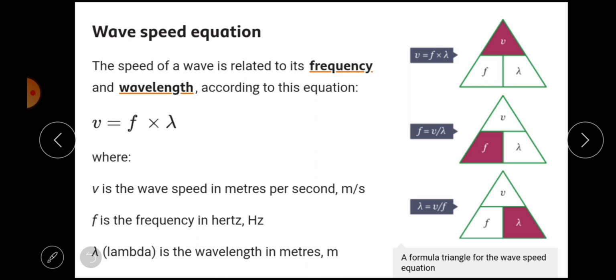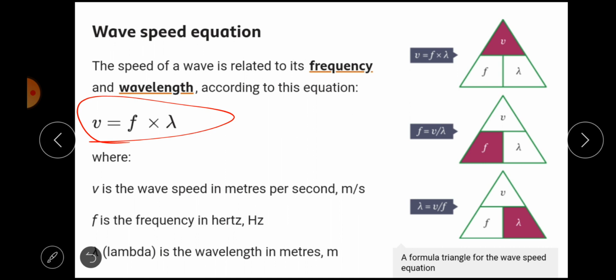Let us look at wave speed. The speed of a wave is related to its frequency and the wavelength of the wave. So therefore we have this equation. Please, ladies and gentlemen, note this equation: speed is equal to frequency times wavelength. We use this symbol to represent wavelength.